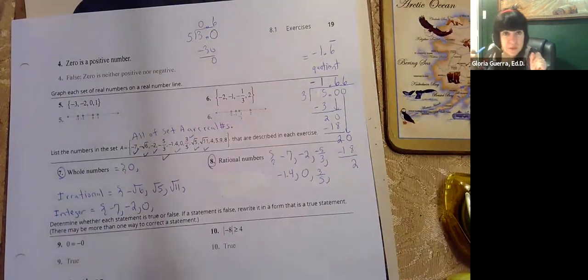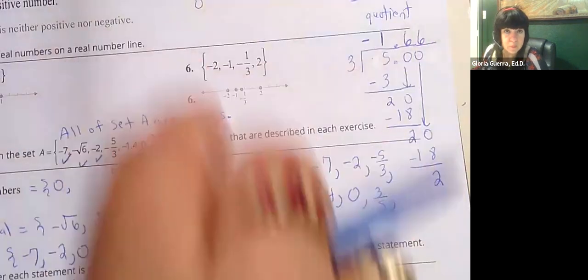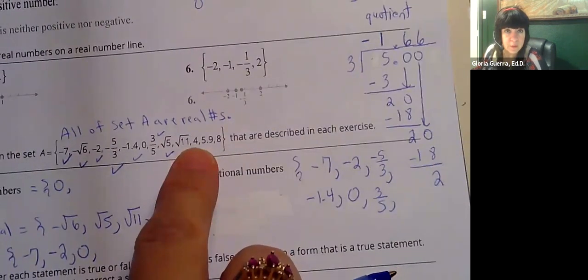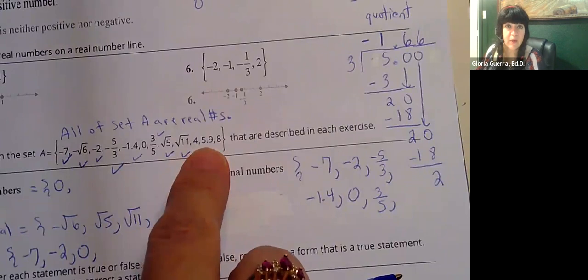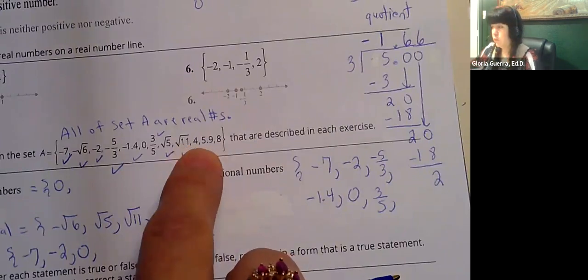Okay, next it looks like that's 4.5. Does that look like 4.5? No, it's 4, then 5.9. Let me see if I can increase this. It's 4, comma, then 5.9, and then 8.